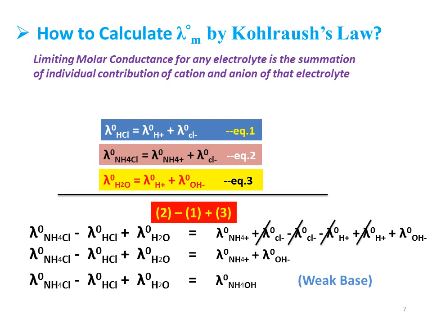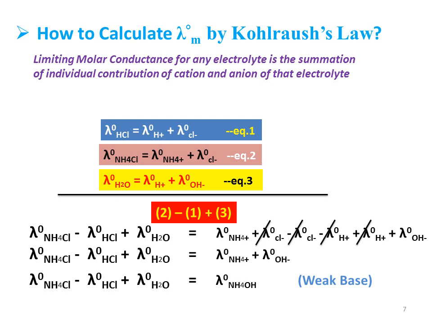So we are discussing an example of HCl. One thing is also notable: for any electrolyte for which we are calculating the limiting molar conductance, we will add two other strong electrolytes, and then we will subtract the common ions from them.